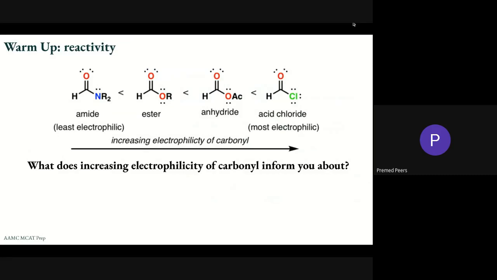Coming up, the third thing, I'm going to talk about reactivity. This may also cover next week or so because of the material about carboxylic acid reactions.